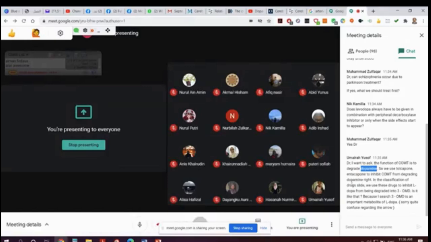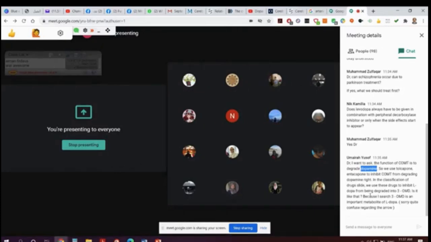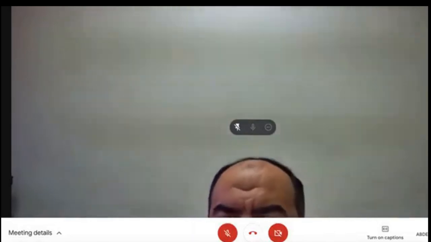In the classification of drugs slide, we use these drugs to inhibit L-DOPA from being degraded into 3-OMD. They also prevent the degradation of levodopa. So they prevent the degradation of levodopa, dopamine, norepinephrine, and epinephrine. That's right. So they will be helpful in replenishing the amount of levodopa and protecting the amount of dopamine in the substantia nigra. That's correct.